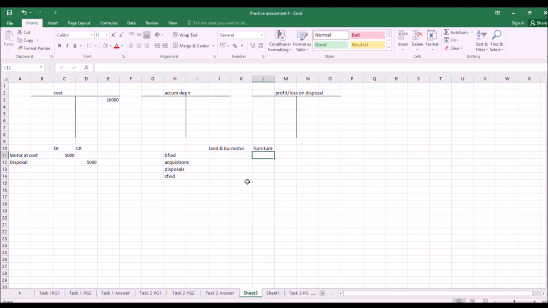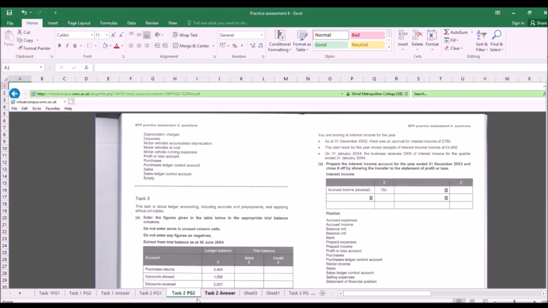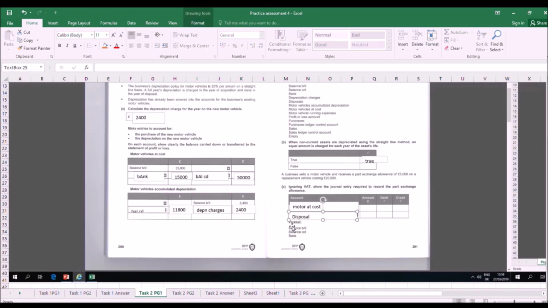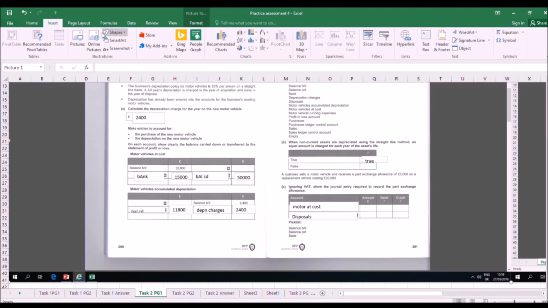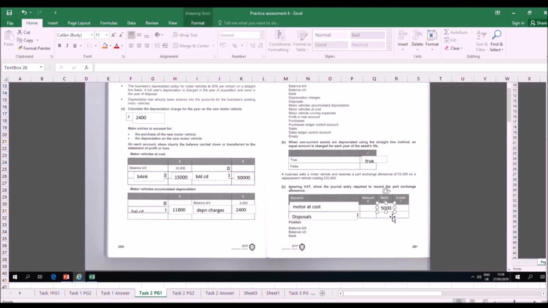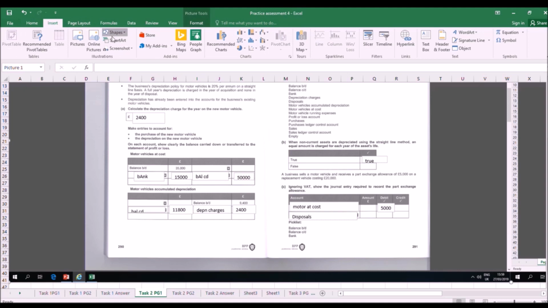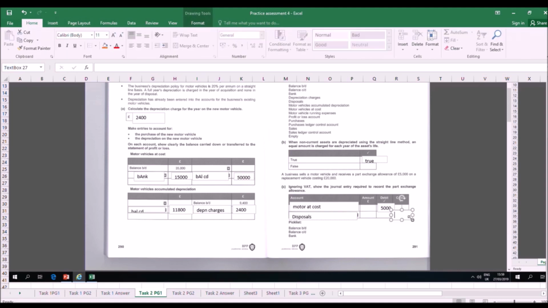And you'd be dropping those in there. This would be the line here, disposals and motor vehicles, so it should really have some extra words in there, but it is what it is. Okay, disposals is what we're going to have to pick, and in there the motor vehicles at cost will be a debit. 5,000 going into there. They've got some ticks, but I'm not really going to do all of it like that. And the credit would be the disposals here.